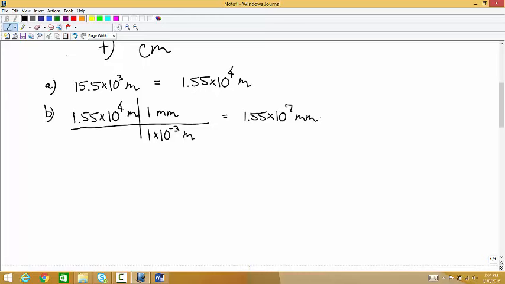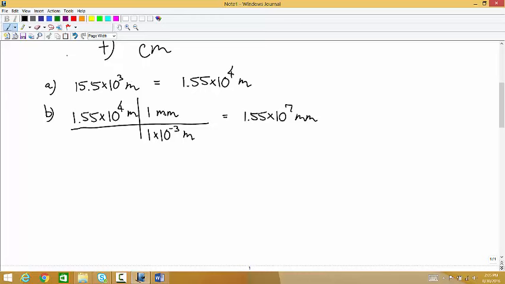So these prefix things you can use two different ways. And sometimes you have to do one, sometimes you have to do the other one. First, you can just replace the prefix with its alternate meaning, times 10 to the whatever.